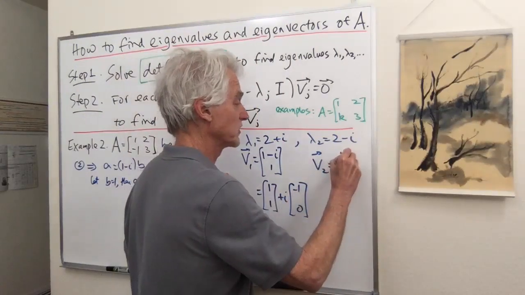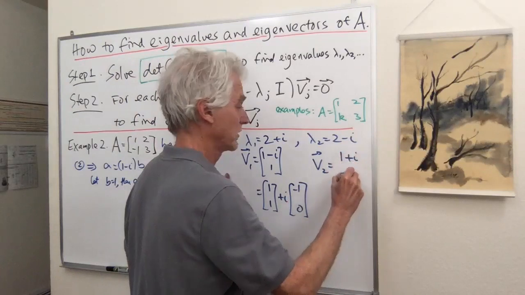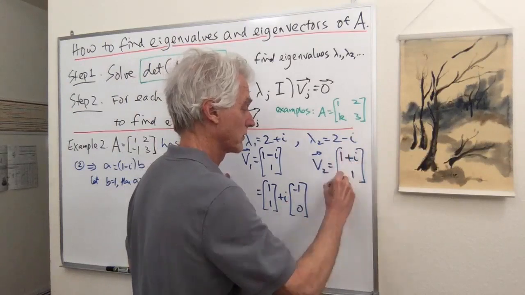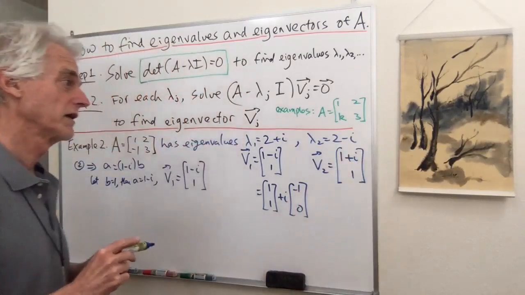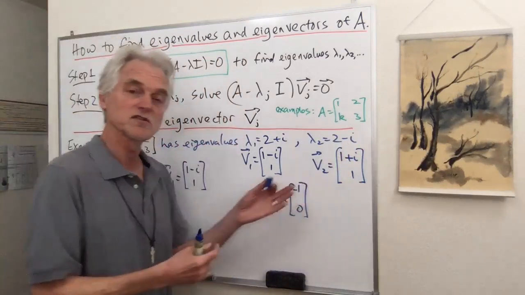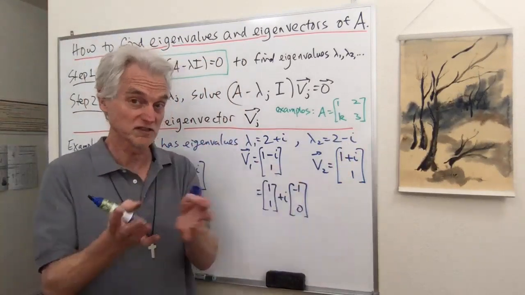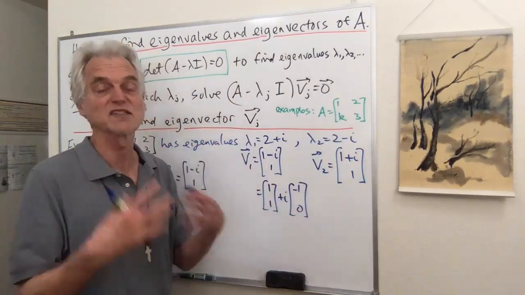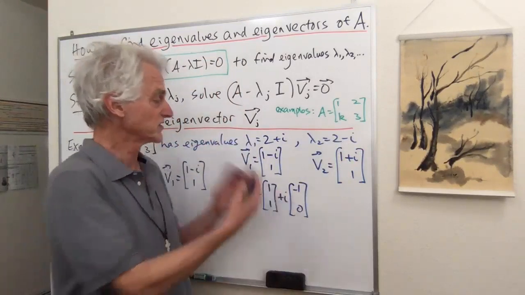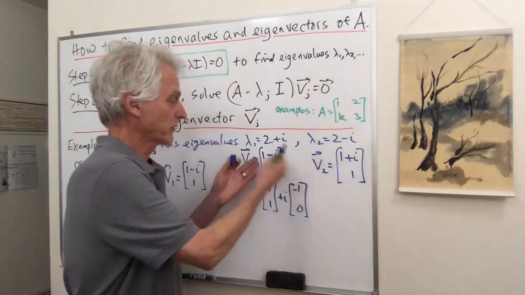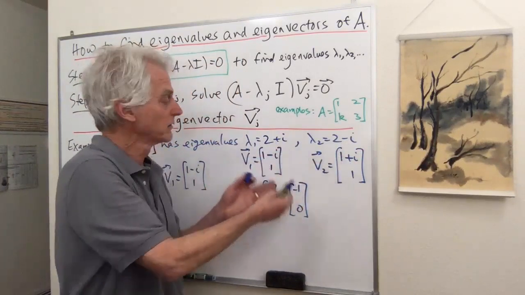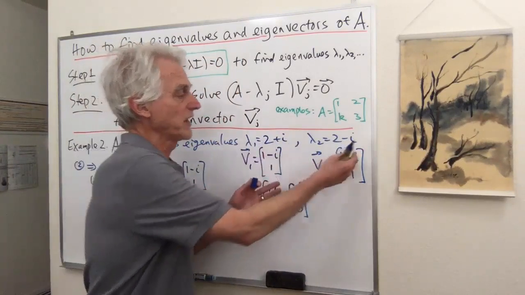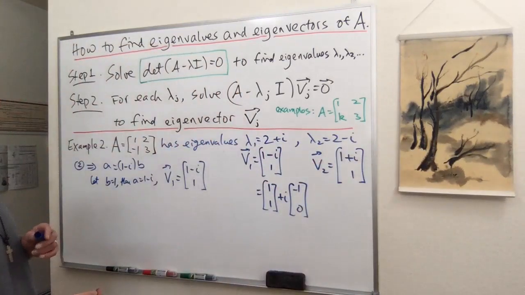It's going to just be (1 plus i, 1). All the equations you get to solve for v2 are just like the equations you get to solve for v1, except you replace i by negative i. So you can get the solutions by replacing i by negative i. And 1 minus negative i is 1 plus i, right?